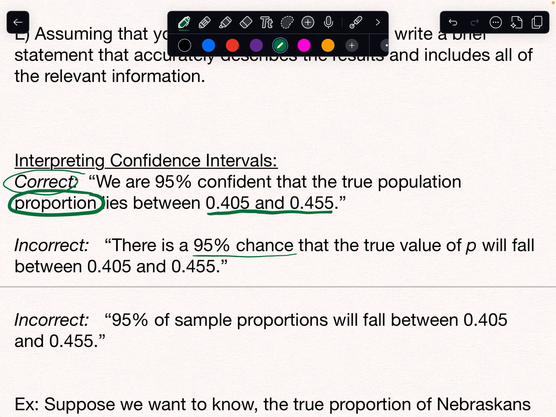Once again, you're saying this is like a probability. There's a 95% chance that it'll fall between here. Same thing, we can't assume that if we did 95 chances that the next one would fail. That's kind of what you're saying, and that's not accurate. So it always has to be 95% confidence, not probability-wise.